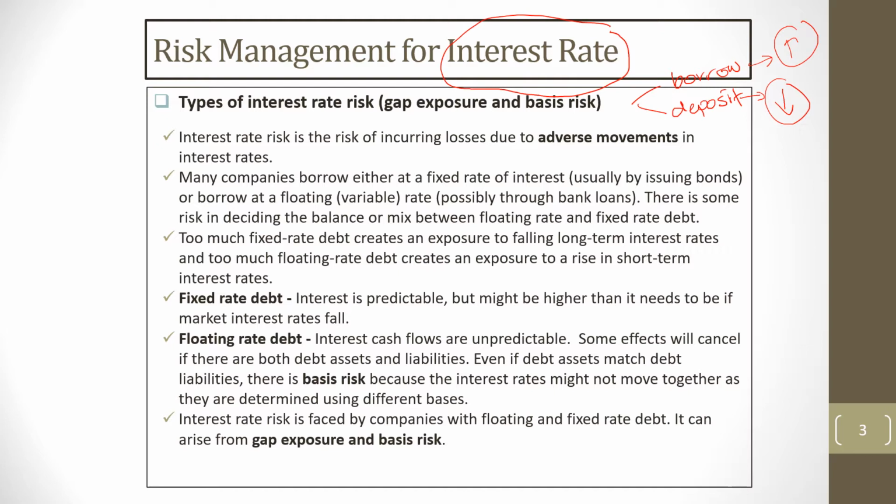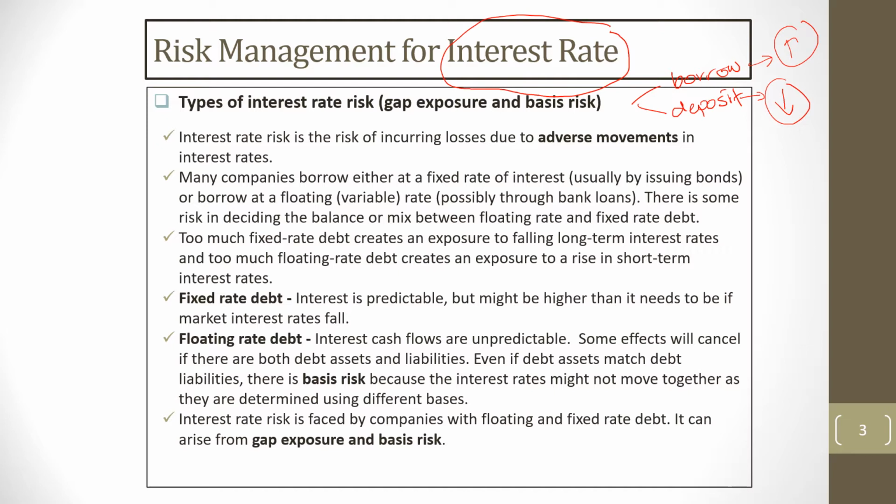Tapi kalau kita borrow it means that kita kena bayar balik the bank untuk pinjaman yang kita buat. Macam kita pinjam macam biasalah. Kalau kita pinjam duit dekat bank untuk beli kereta pun, dia ada interest rate, kita kena bayar tiap-tiap bulan. So sama juga.